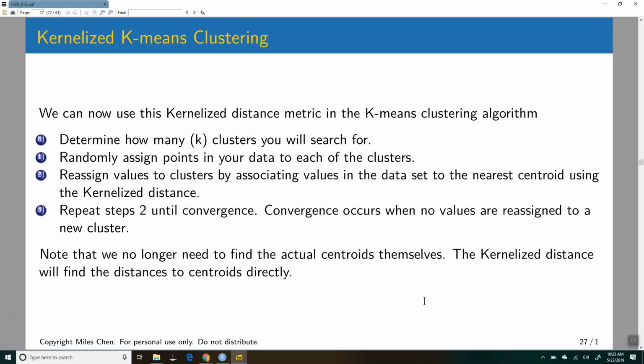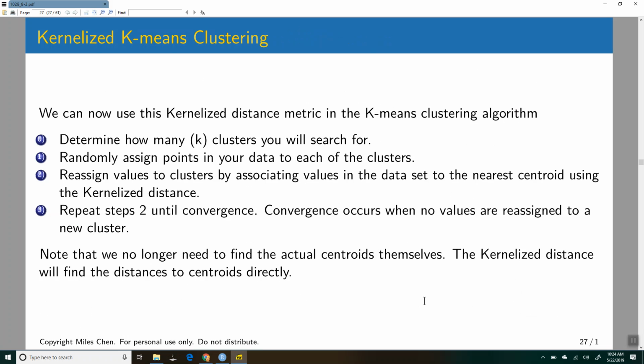It's strange because in my three-dimensional thinking brain, I can only think of how far am I from this point to this point because I know the location of the point, right? But what we're saying is that, in some higher dimensional space, I've got these 3 points, I'm going to project them into a higher dimensional space, and in that higher dimensional space there is some centroid, but I don't even know the coordinates of that centroid.